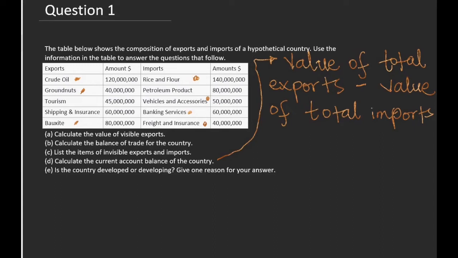Take note of this formula. Again, the formula to get the current account balance is value of total exports minus value of total imports.